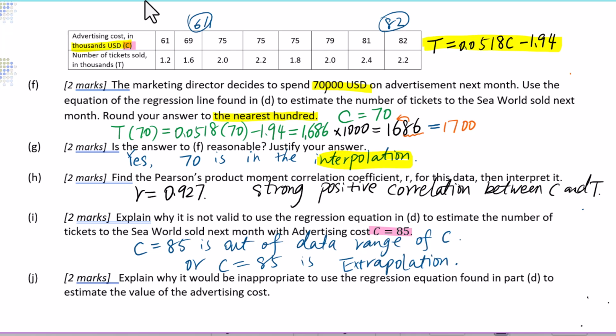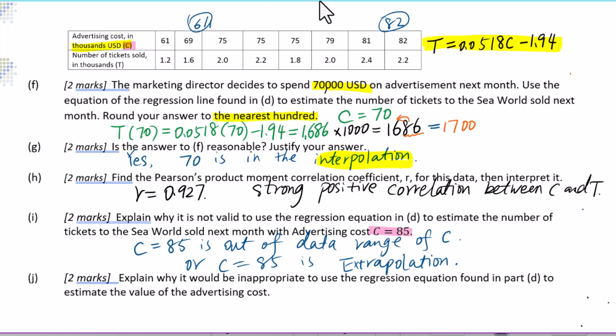J, explain why it would be inappropriate to use the regression equation found in part D to estimate the value of advertising cost.